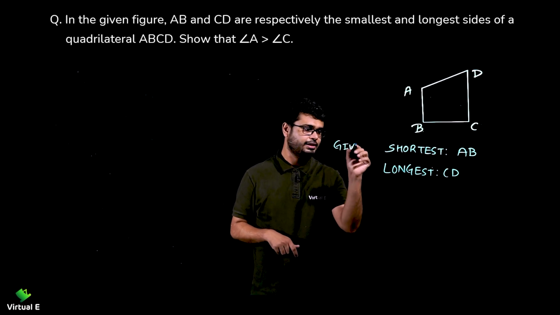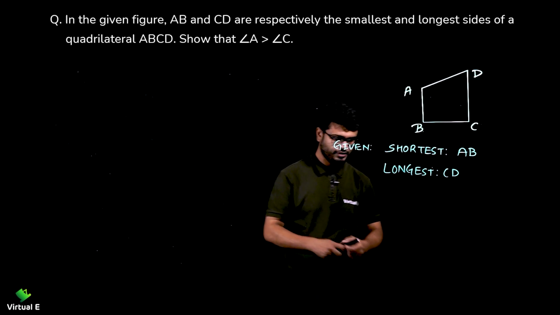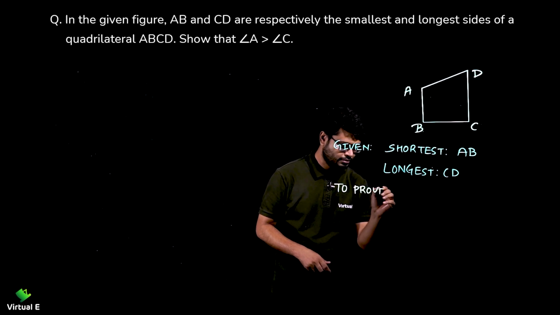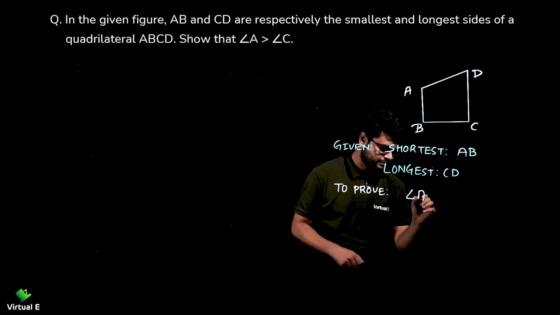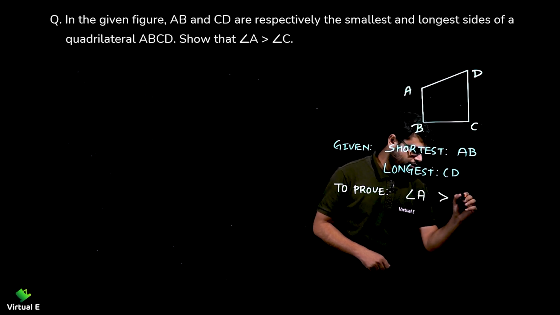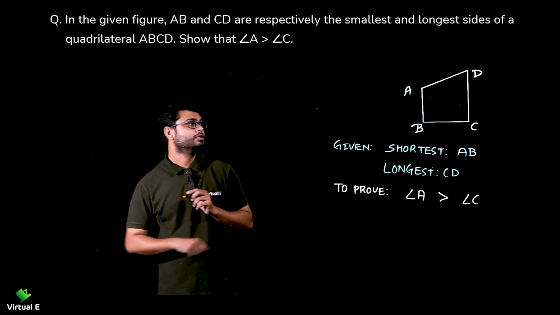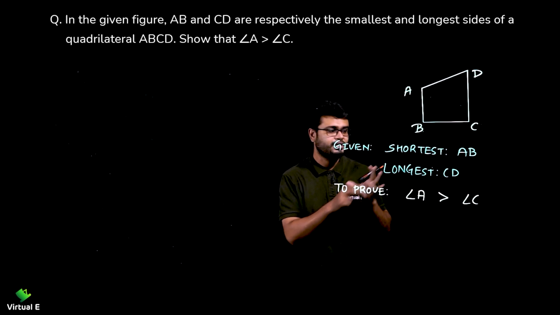Let's write here that it is given. Now what do we need to prove? We need to prove that angle A is greater than angle C. So shortest and longest, this is the chapter related to triangles.